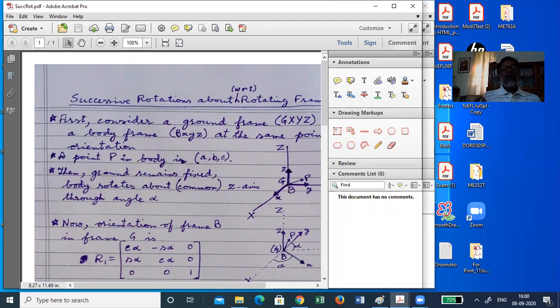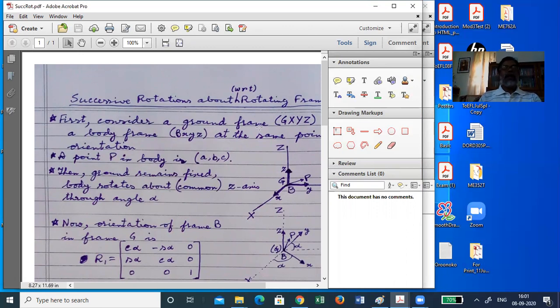In the case of each rotation being described in the fixed frame, we have seen how pre-multiplication is the standard thing to do, which is obvious. Now, if each successive rotation is specified in the frame of reference of the body, which itself is moving, which itself is rotating, then what to do?